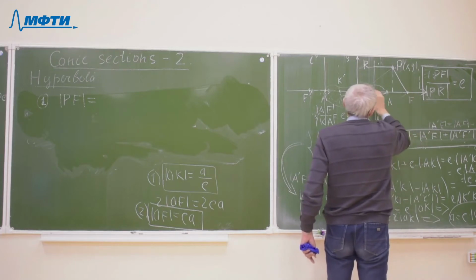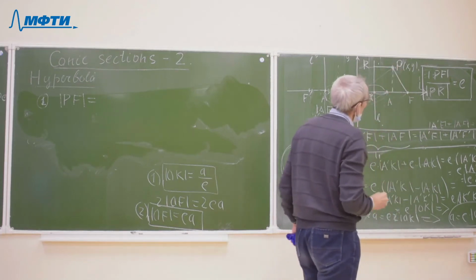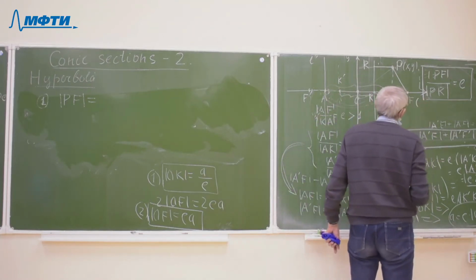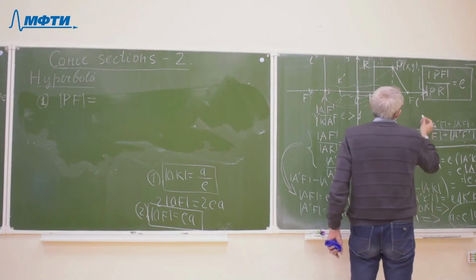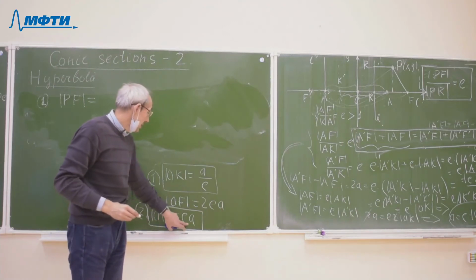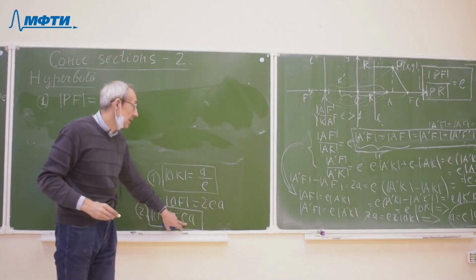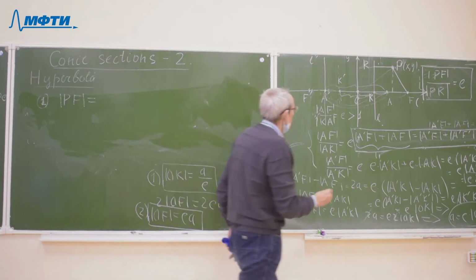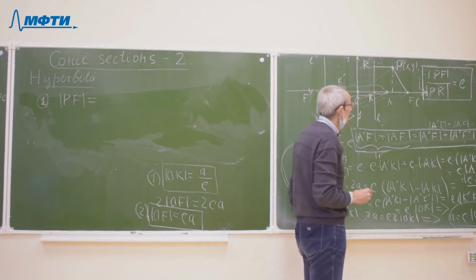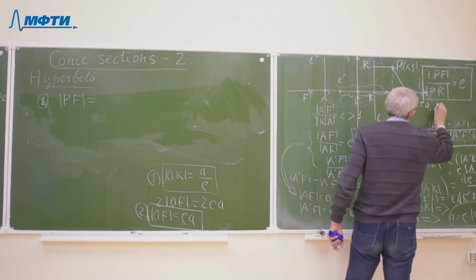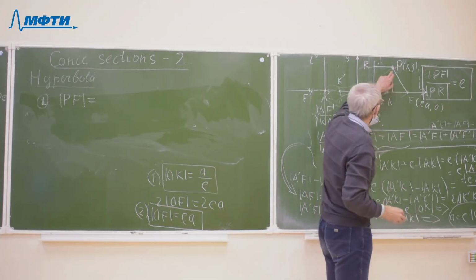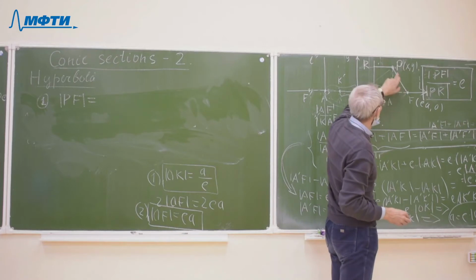We have that the coordinates of the point P are x and y, and the coordinates of the point F are E, the product E and A, and the second coordinate is 0. We want to consider this distance.